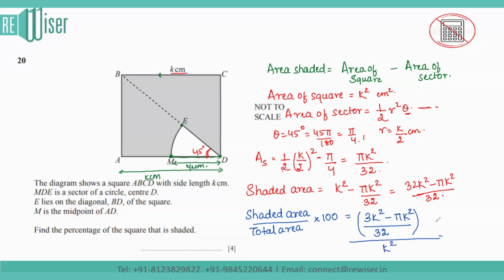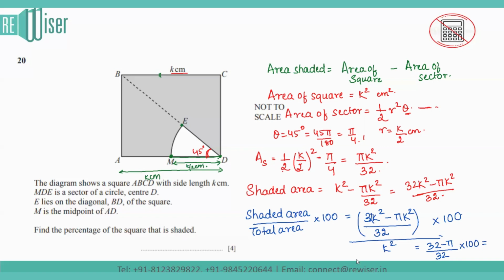Now, this needs to be multiplied by 100. Further simplification gives us 32 minus pi divided by 32 multiplied by 100.